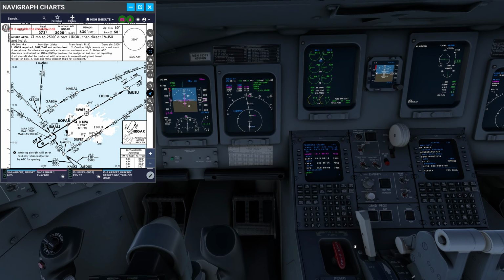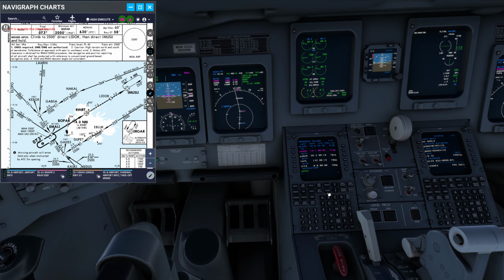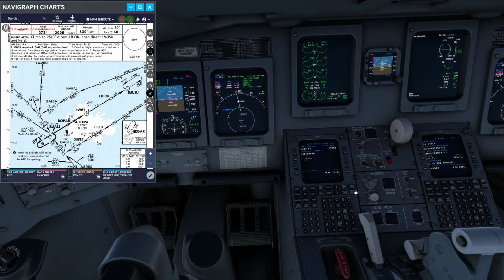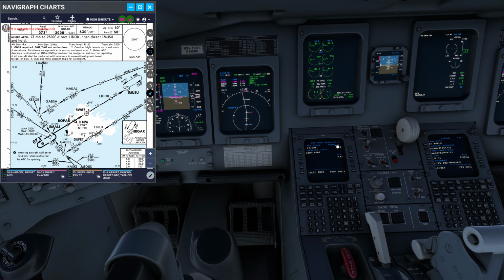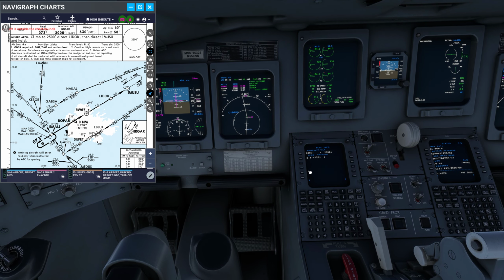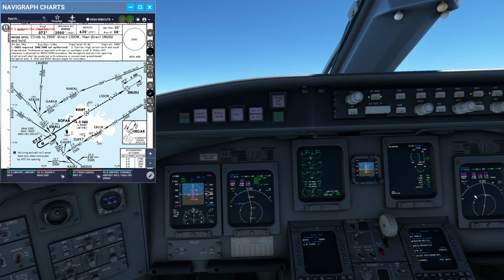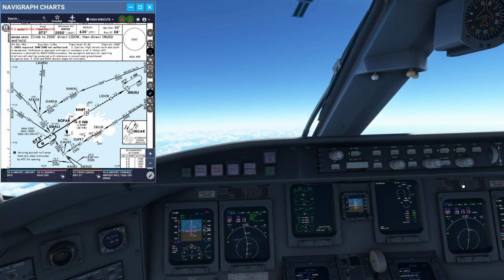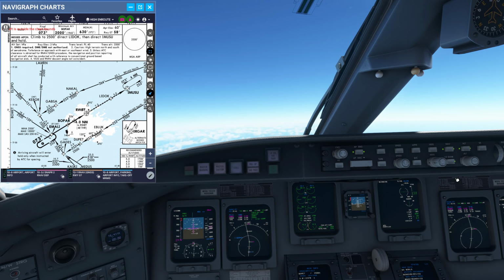Let's first take a quick look here at our VNAV page. Go over and see what our descent info is. BOMAT at 2,500. All right, so let's set our altitude pre-select for 2,500 because we are getting near our top of descent.